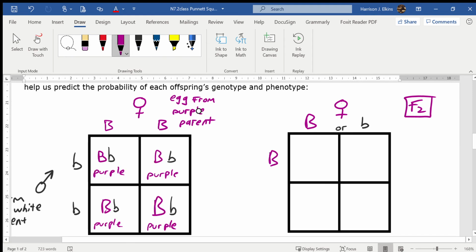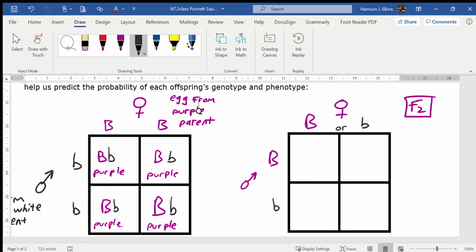Here, the sperm, which is from a purple flower, contains the purple allele, but it also contains the white allele. And it's going to pass on one of those. Now, what are the chances, and remember this Punnett square is just showing me the probability of different possibilities. What are the chances that it's going to have a purple flower? Well, let's say that the sperm sends this allele, and the egg sends this allele.